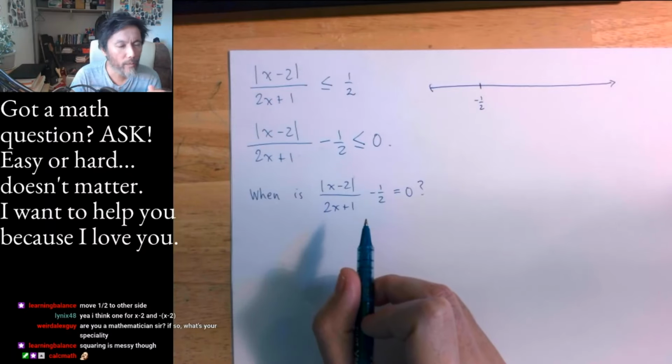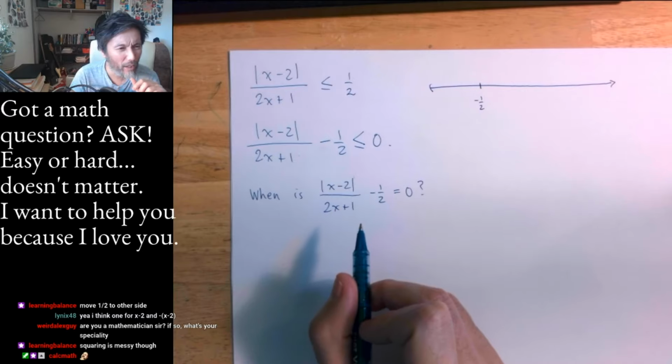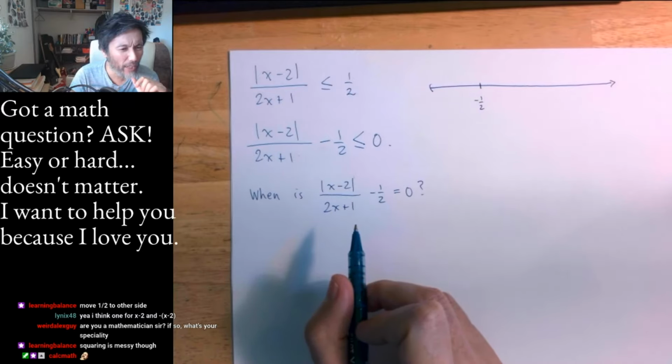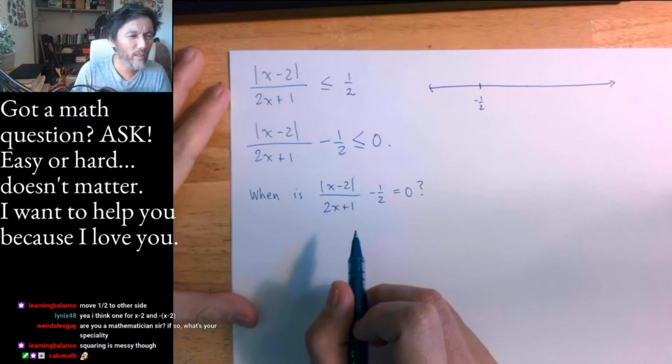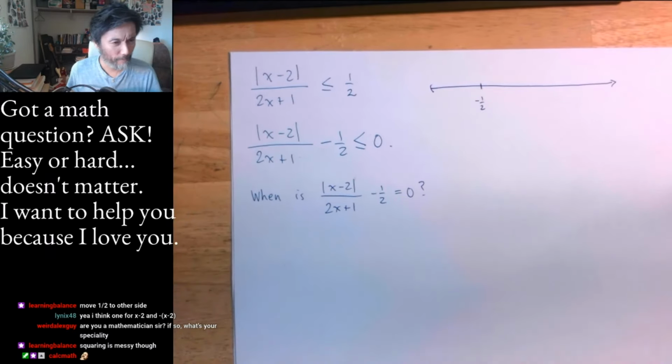It's only 2x minus 1/2, right? Or is it plus 3/2? And I have to square 3/2. Oh no, that's not happening. And now I have to do twice as much work.